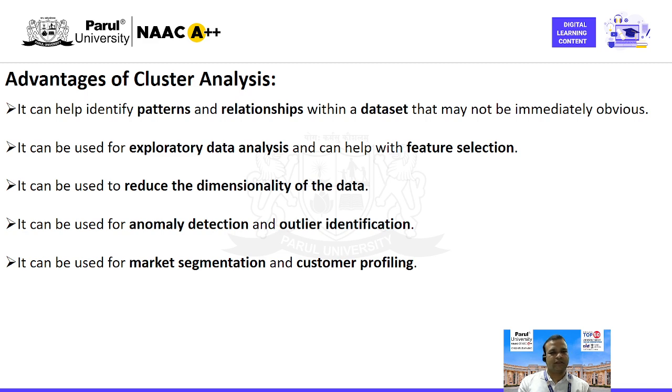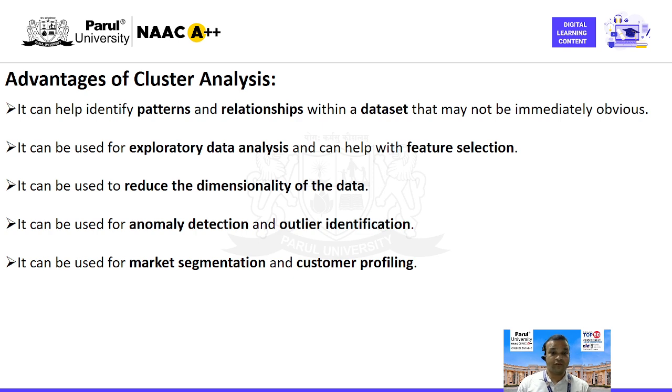Advantages of the clustering analysis. It can help identify patterns and relationships within the data that may not be immediately obvious. It can be used for exploratory data analysis, as we already discussed, and can help with feature selection. For example, if you have data with 100 features, but some unnecessary features are also there, you can explore the data and select some features to proceed to the implementation.